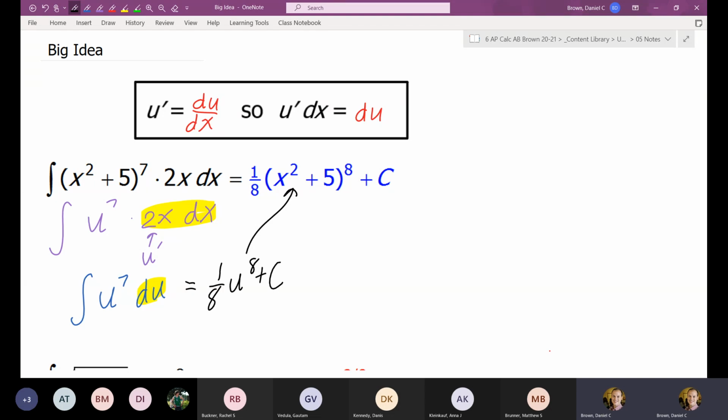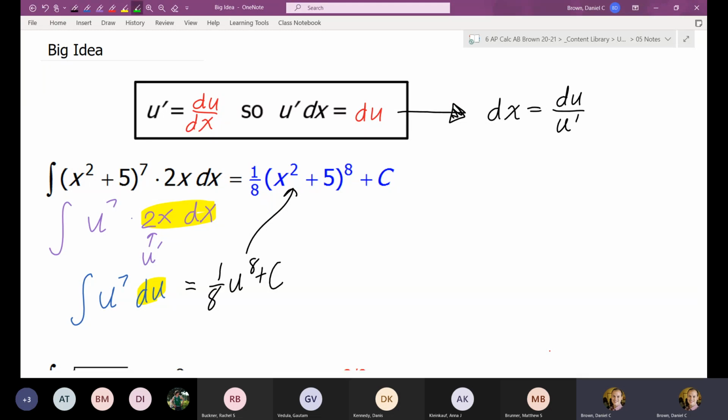I do think the theory of why it works can be a little bit confusing, so I'm going to show you one more thing, and if you don't memorize anything today, this is definitely what you want to memorize. u prime is equal to du over dx. Multiply both sides by dx, and that will give you u prime times dx is equal to du. Doing one more basic algebra step, dividing both sides by u prime, you're going to end up with dx is equal to du over u prime.